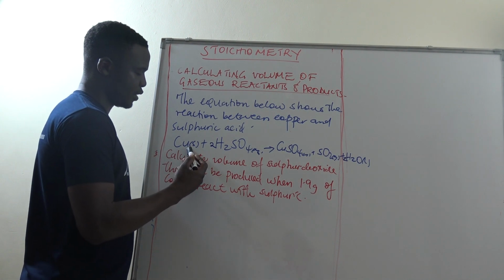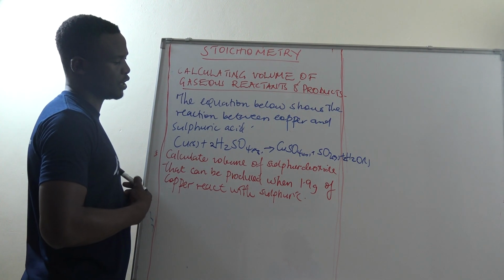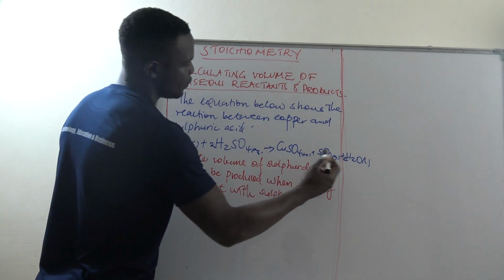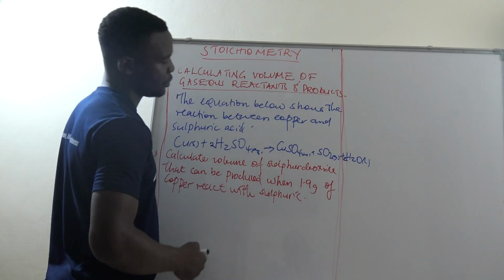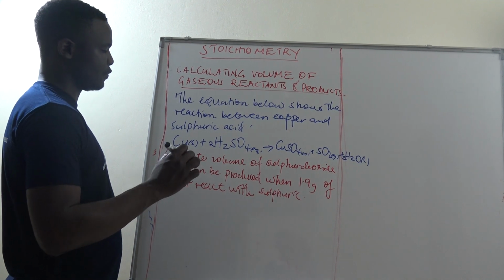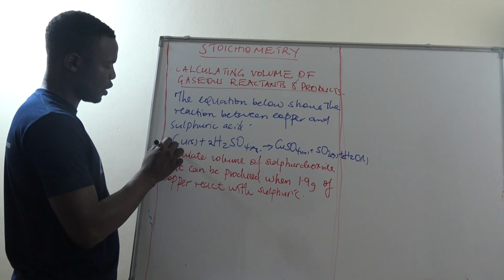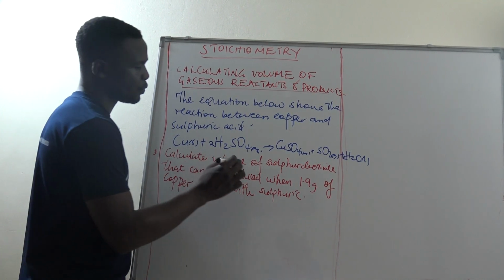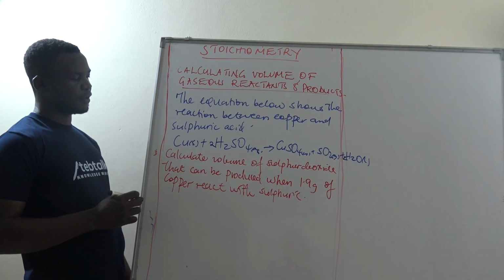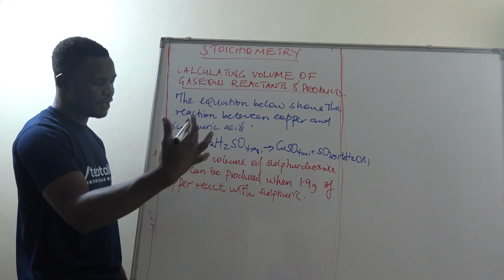This is the copper, a solid, reacting with sulfuric acid, which is a liquid, to give us copper sulfate, which is a solution, sulfur dioxide gas, and water, which is a liquid. Now again, we are using our knowledge of interpretation of equations. This is 1 mole of copper that is producing 1 mole of sulfur dioxide. Here we are talking in terms of mass and volume.